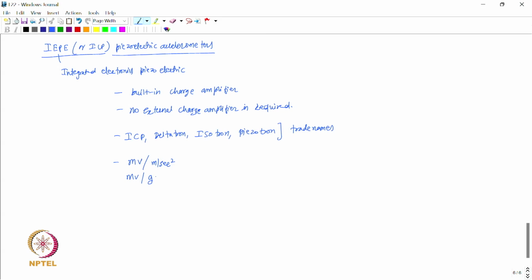For the charge type accelerometers, the sensitivity is in picocoulomb per meter per second square or picocoulomb per g of acceleration. g is basically 9.8 meters per second square.